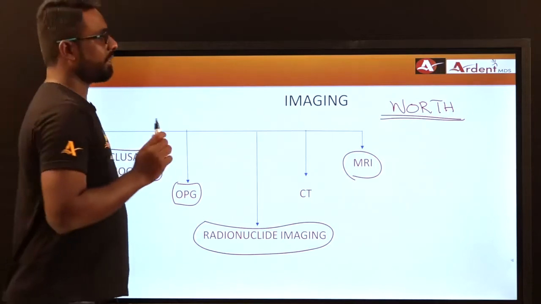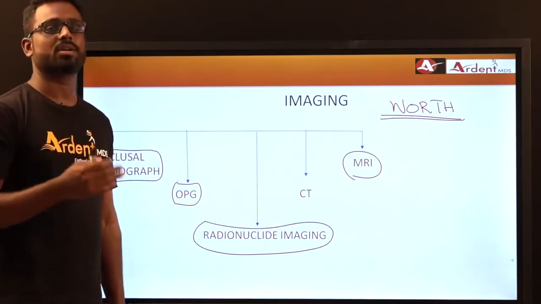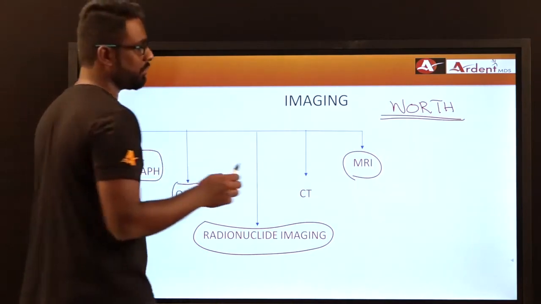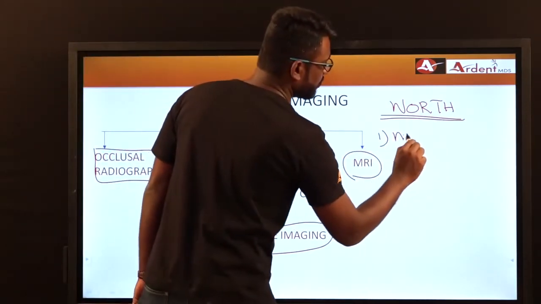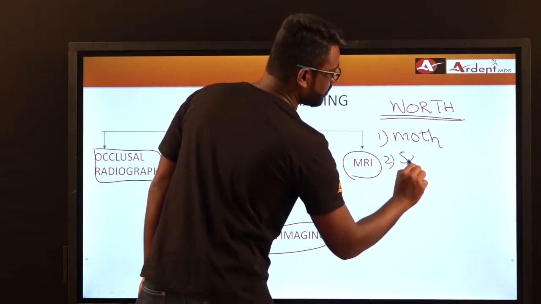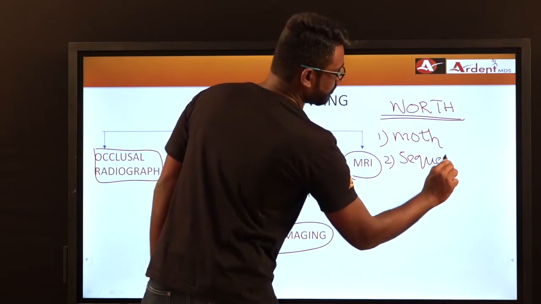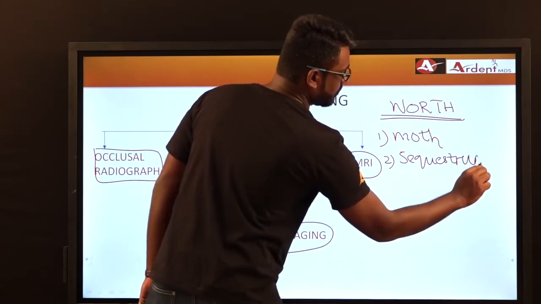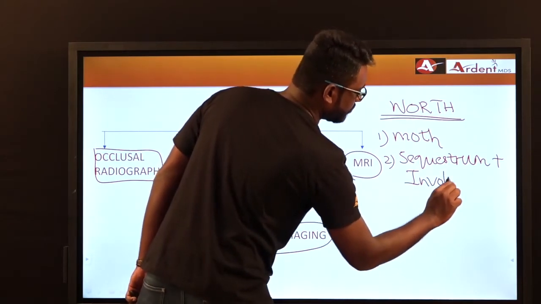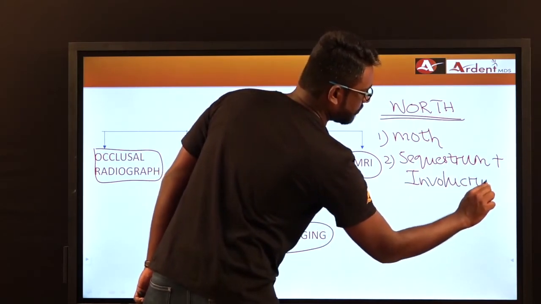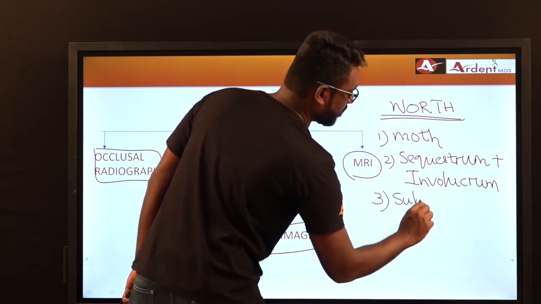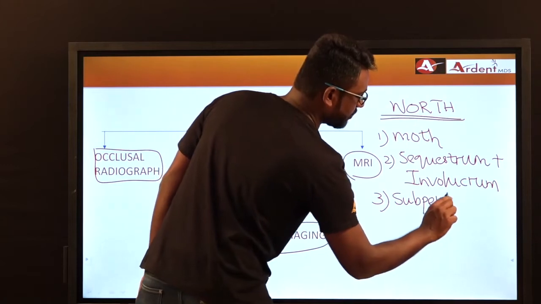One is moth-eaten appearance, the second one is sequestra and involucrum formation, and the last one is subperiosteal granular bone deposition.